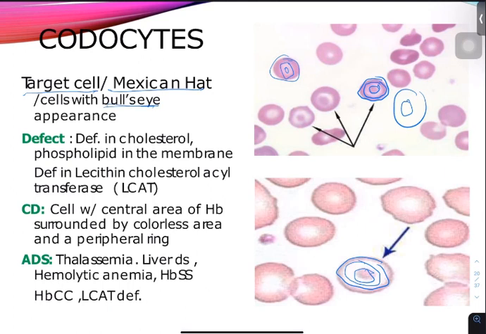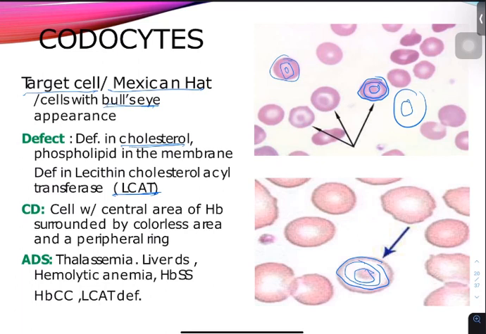Okay, the defect is in the cholesterol and phospholipid of the membrane. Also seen in your lecithin cholesterol acyltransferase, or your LCAT. Okay, dalawa ang defect niya, kay cholesterol and kay LCAT. So sinabi ko nga, nagdo-double yung ring niya.